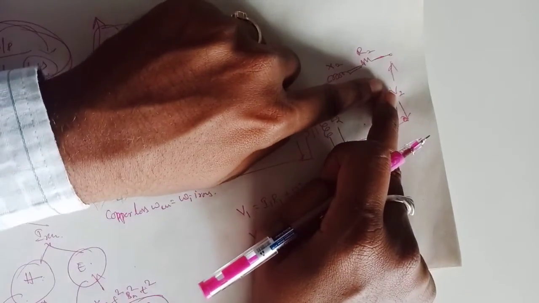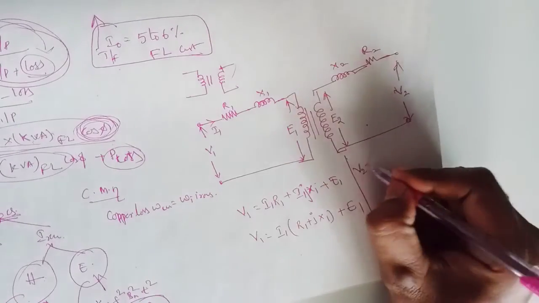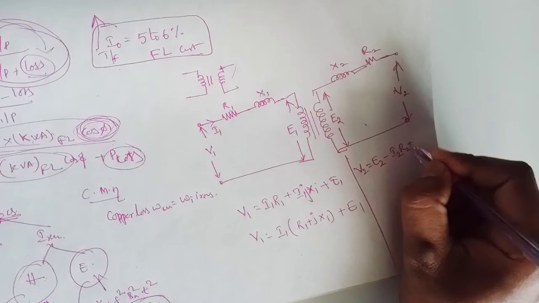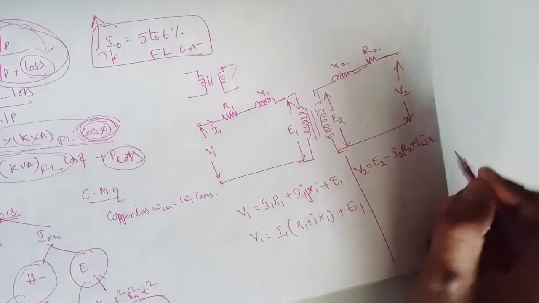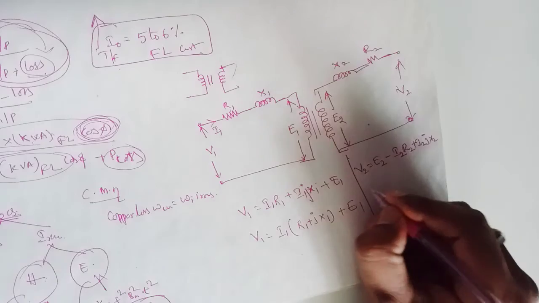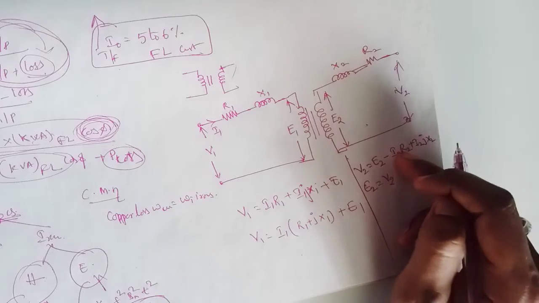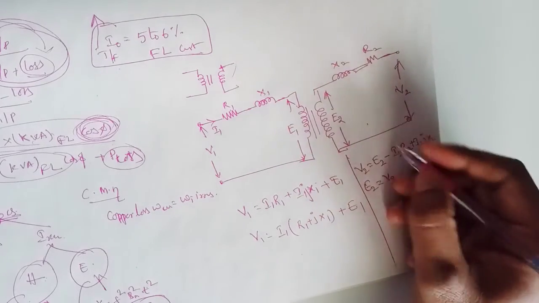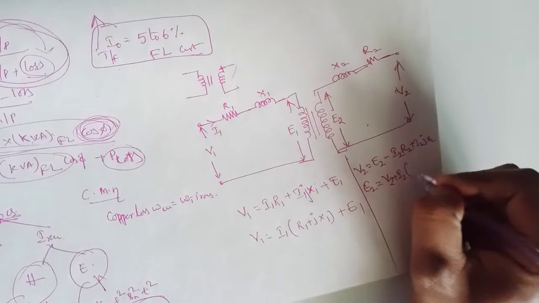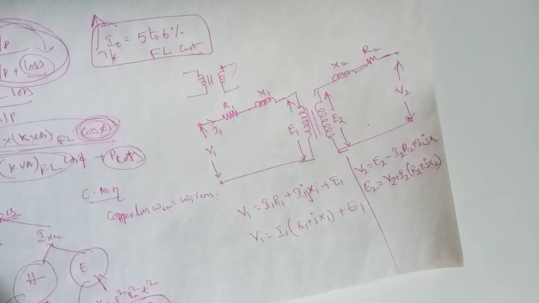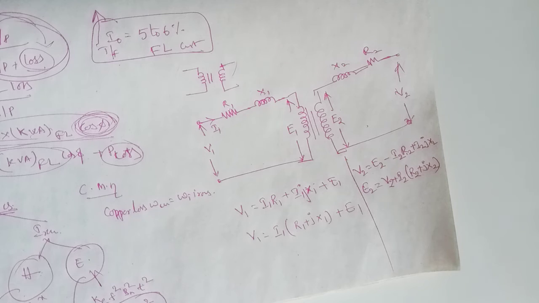So on the secondary side, V2 = E2 - I2 R2 - I2 jX2. Otherwise, E2 = V2 + I2 (R2 + jX2), with the terms moved to the other side. This is the basic equation for the secondary side of your transformer.